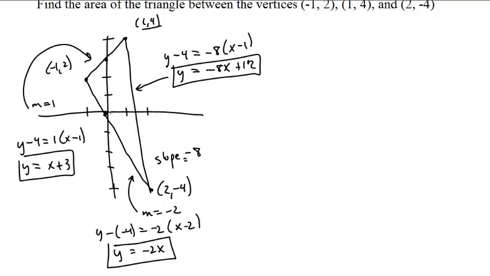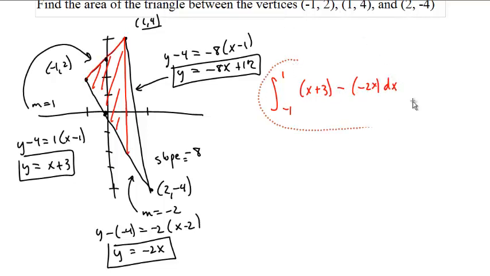Now, if we want to find this area, we say, what's the upper function? Well, it depends, and this happens sometimes. We have this upper function from -1 to 1. So this red area is the integral from -1 to 1 of the upper function, x plus 3, minus the lower function, -2x.